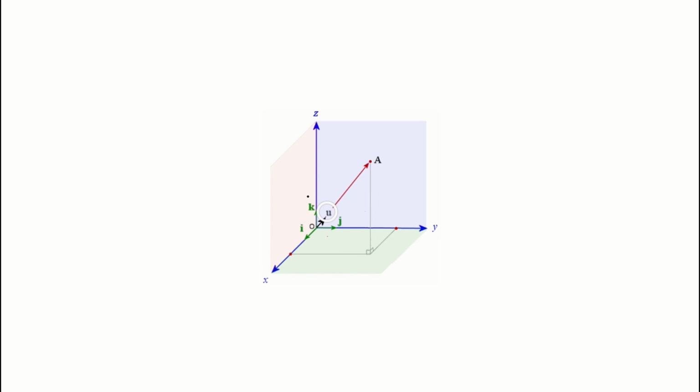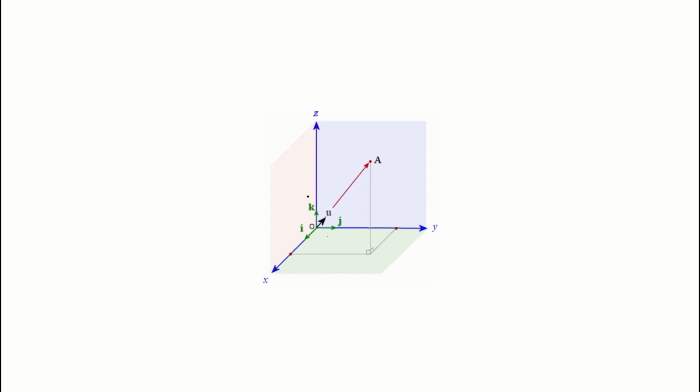To find all the components of u, from the final point A we will drop a line parallel to the z axis on the xy plane. Since the z axis is perpendicular to the xy plane, this line from A will also be perpendicular to the xy plane.